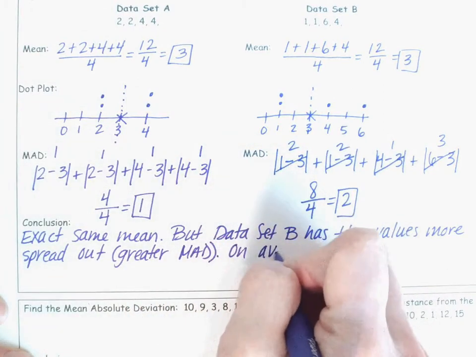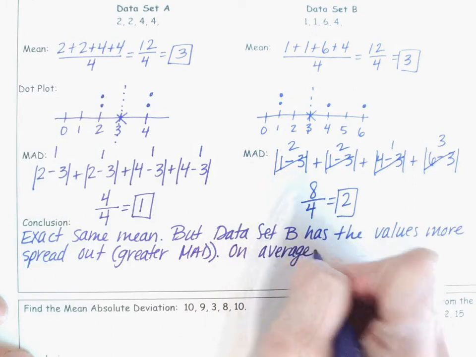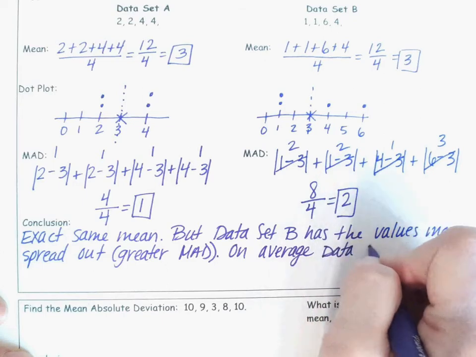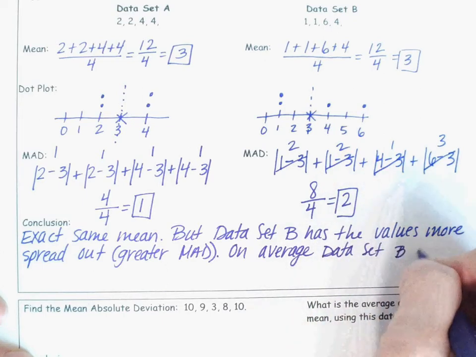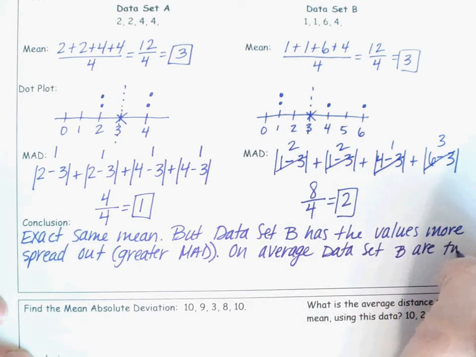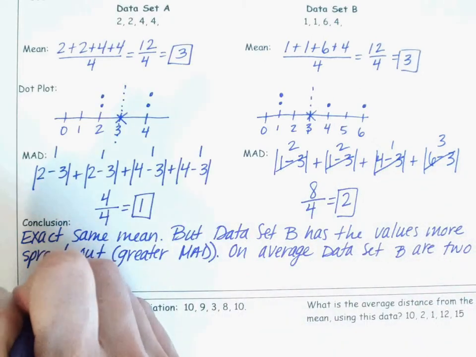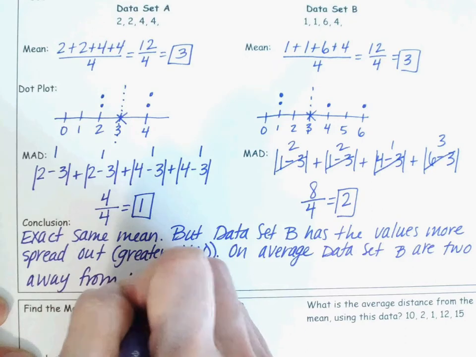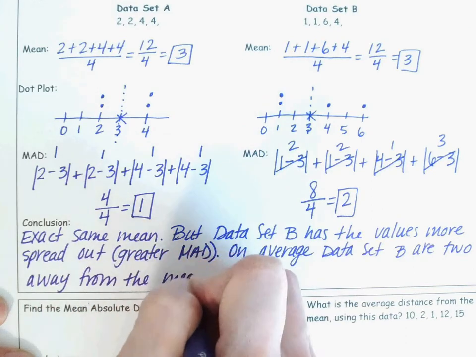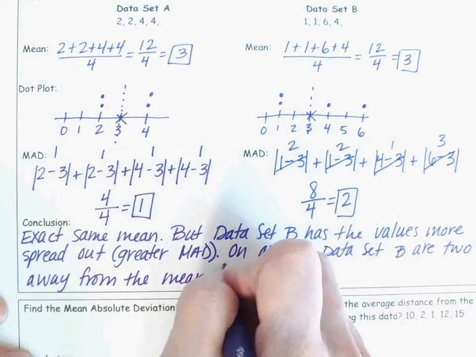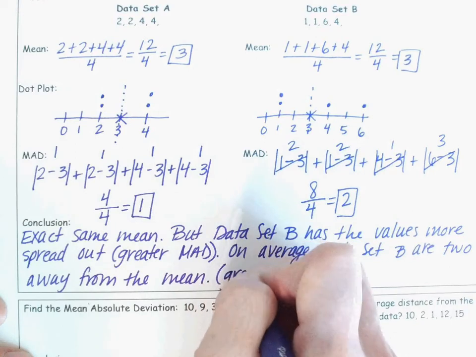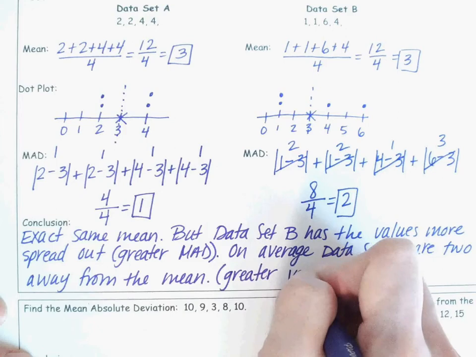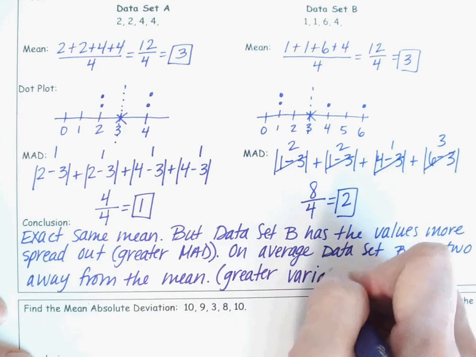On average, and this is for every data set with its mean absolute deviation, so on average, the data set B values are 2 away from the mean, okay? Which means that when we compare it to data set A, data set B has greater variability.